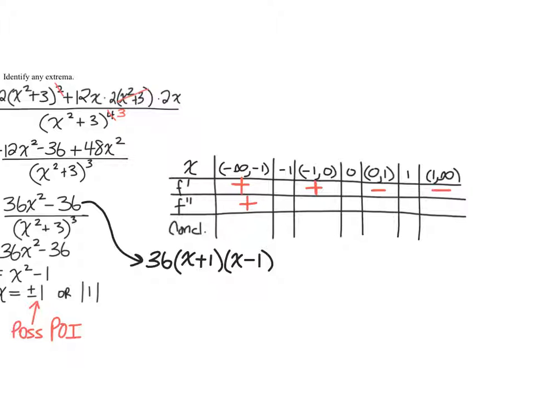So result would be negative. Between 0 and 1, so like 0.5, positive, negative, so still negative. And then something bigger than 1, everything's going to be positive, right?